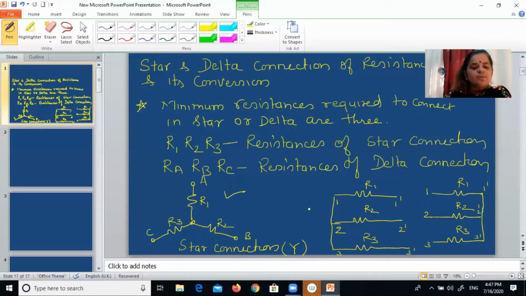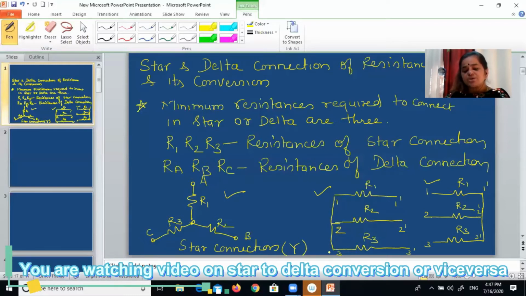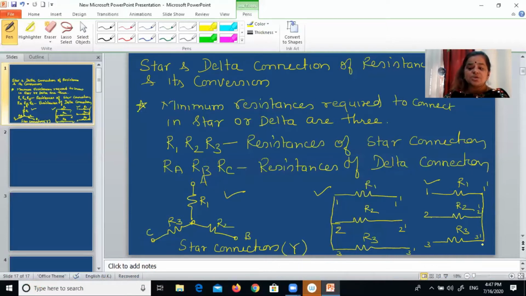So this is also one way of representing the star connection. In short, I can say when either the starting terminals of the resistances are short circuited or the end terminals of the resistances are short circuited, then the connection formed is called a star connection.